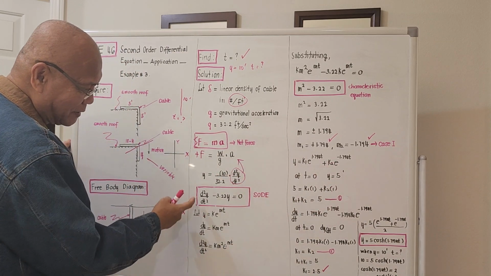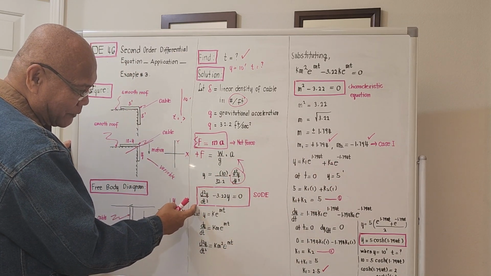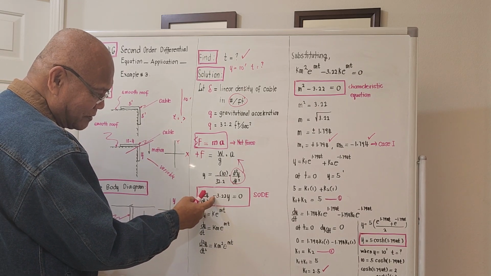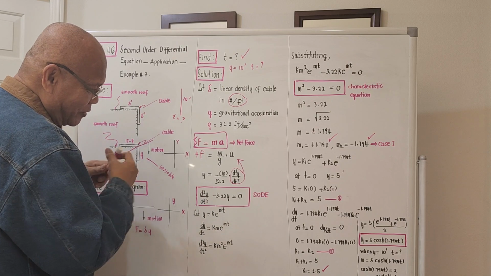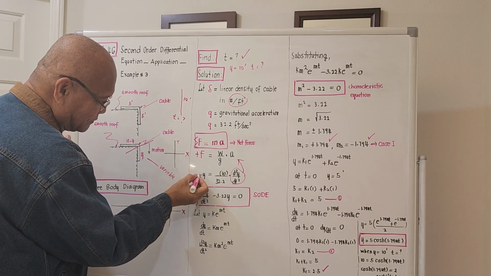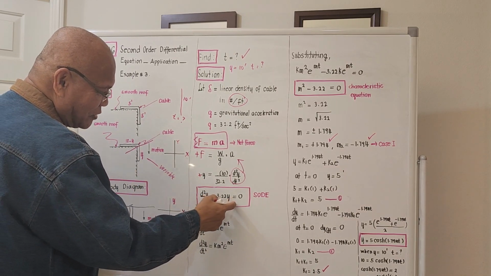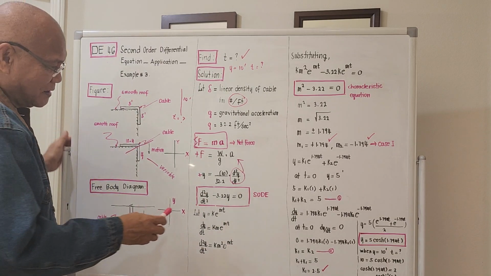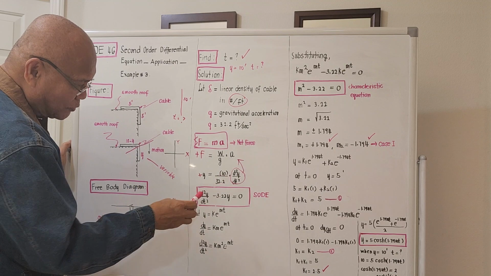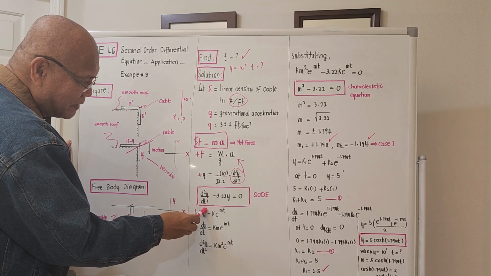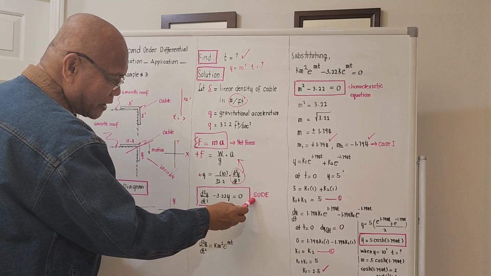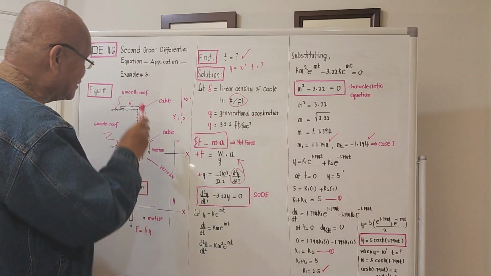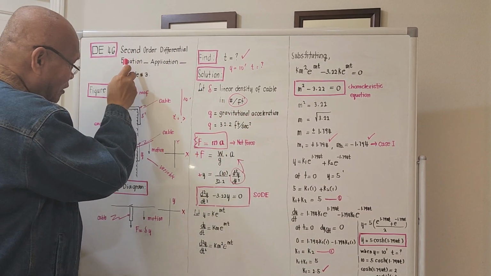What comes out is d square y over dt square minus 3.22y, this is minus because it was plus, and this should be equal to 0. So what comes out is the variable function y in time, and this represents our second order differential equation. That's why our topic for tonight is second order differential equation.